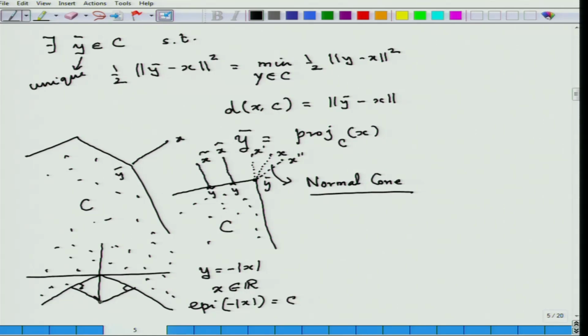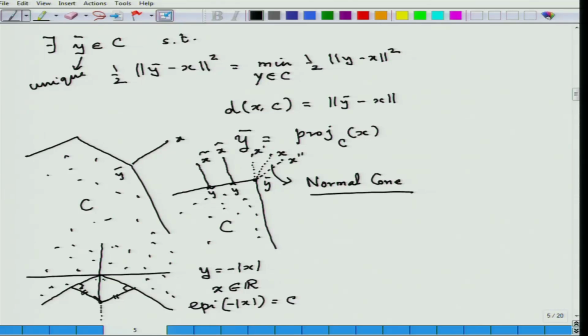Just by symmetry or from simple Euclidean geometry, you can prove that this side is equal to this side, right. Because these are at 45-degree angle.